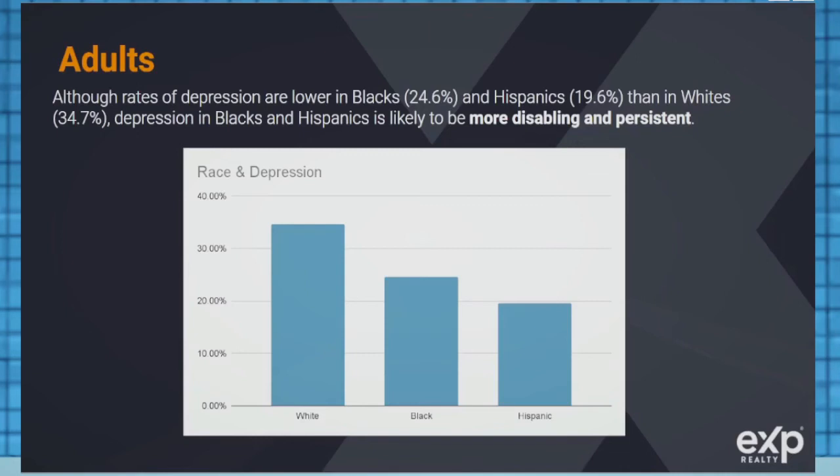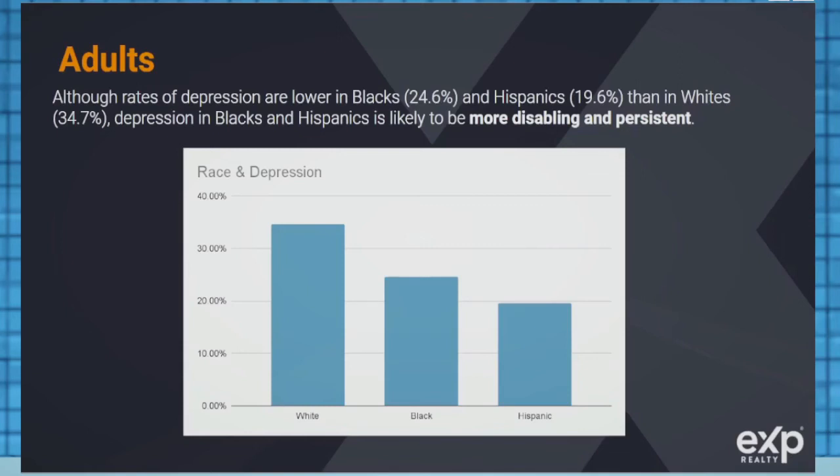So while the numbers of our different demographics are all relatively even for who's applying for these benefits, black folks and Hispanic folks are more likely to be approved because it's more likely that they're able to prove that theirs are more disabling and persistent.